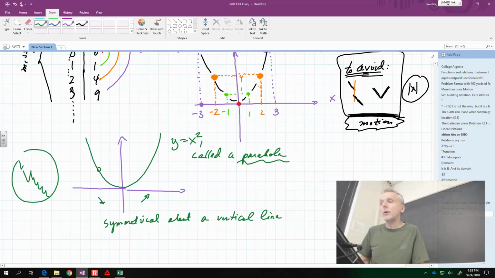What does it mean? It will be discussed at length, so important it is. The vertical line is specifically the y-axis. Symmetrical is a generic word, but this one is a specific symmetry.